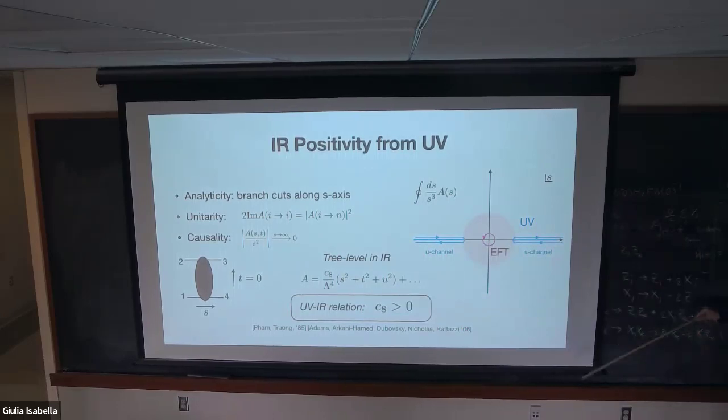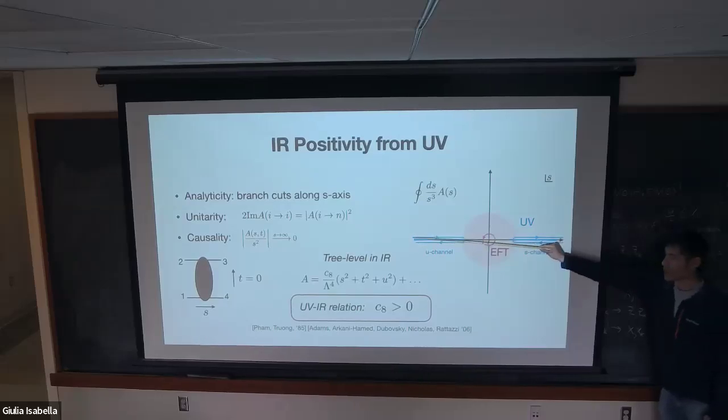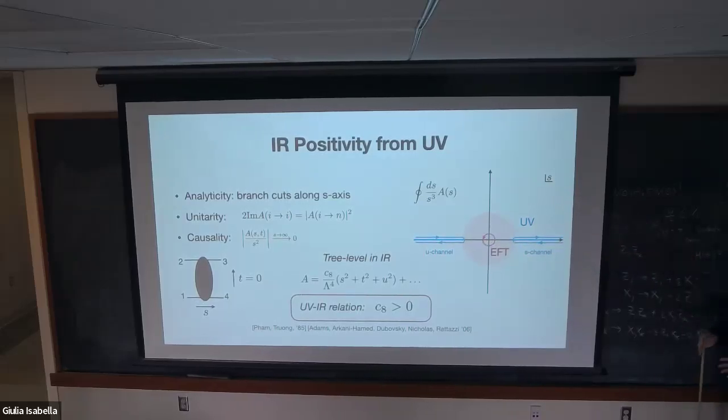The statement about analyticity is that we only have branch cuts when we have particle production. This happens if you go beyond the region of EFT where we can produce new particles. That's why these branch cuts start at s greater than Lambda squared, and for negative s, which corresponds to the u-channel scattering, you also have a branch cut.